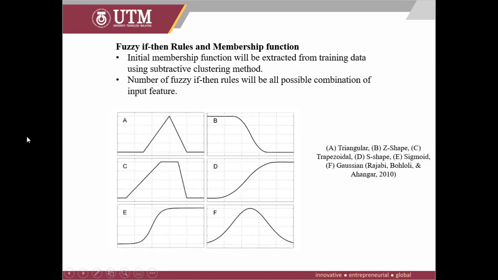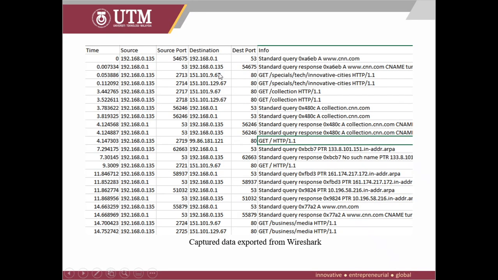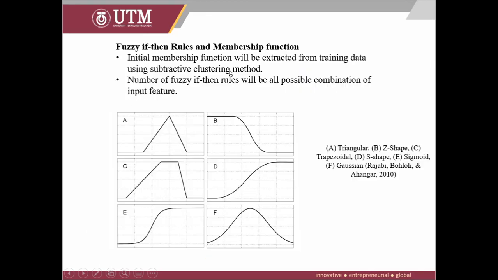The fuzzy if then rules and membership function will be generated using the subtractive clustering method to generate the initial membership function. So there will be an initial membership function for each of the features selected here, these few features, and then the number of fuzzy if then rules is all possible combinations of the input features.